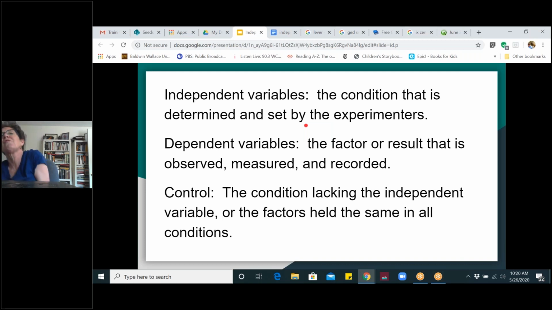What do we observe, measure, and record? No, to see if there was a change in the plants by changing the amount of fertilizer in both groups. Did we put fertilizer on both groups? No, we only put fertilizer on group B. All right. So did we measure something in both groups? Yes.